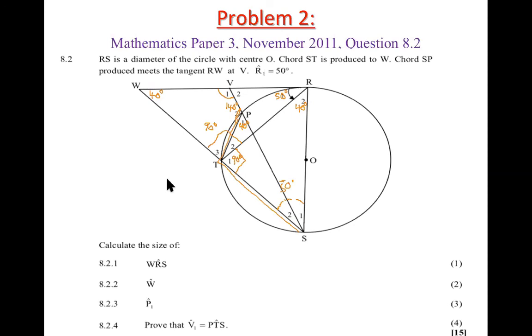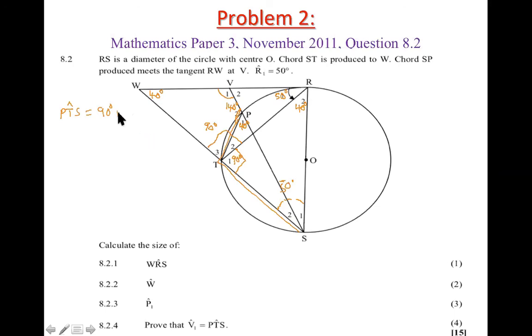Sir? Yes, I'm here. Since we know that T1 is 90 degrees, right? We can say that PTS is equal to 90 plus T2. Let me write your information. PTS is equal to 90 plus angle T2.